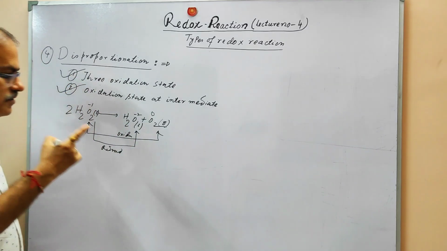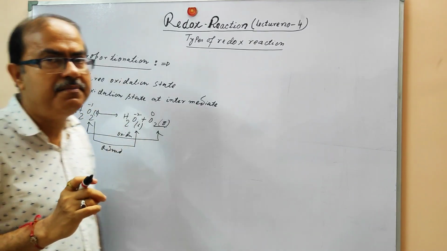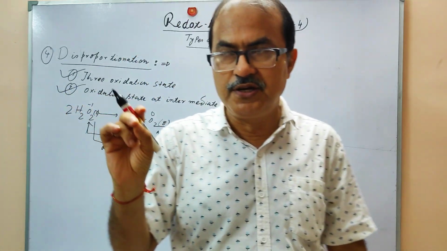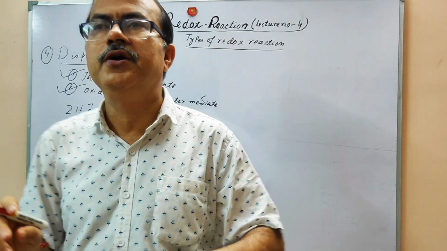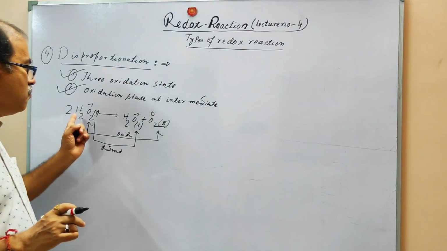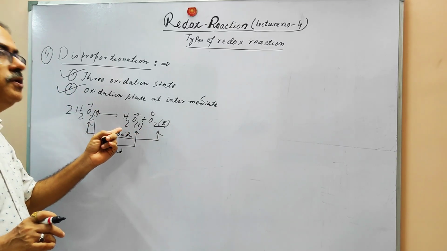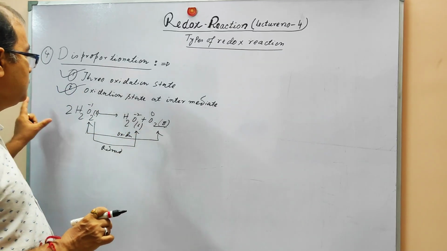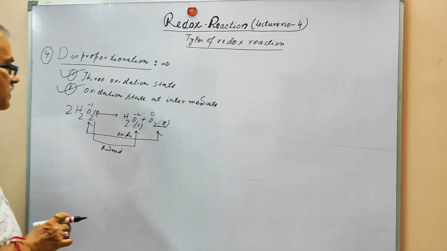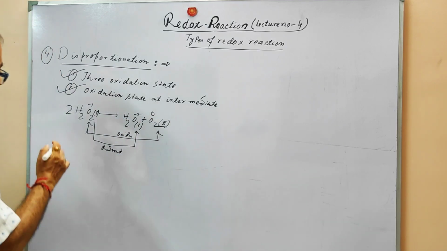So the element present in the intermediate -1 oxidation state can increase and it can decrease. When it produces oxygen, it increases; when it produces water, it decreases. So this is a very simple example of a disproportionation reaction.